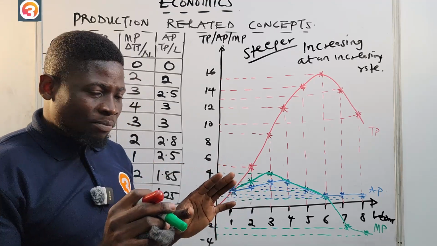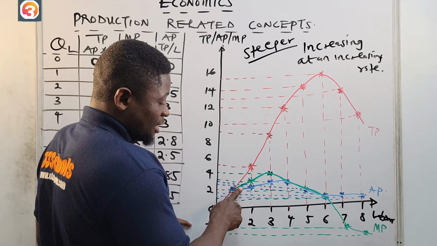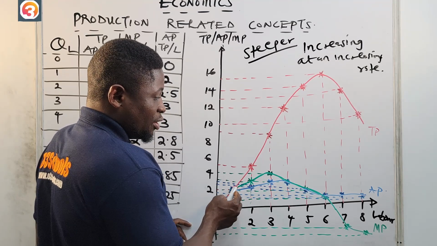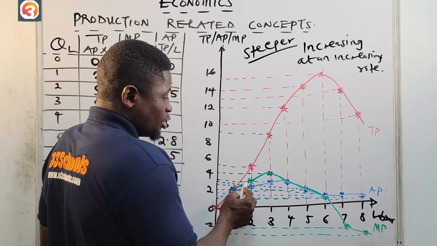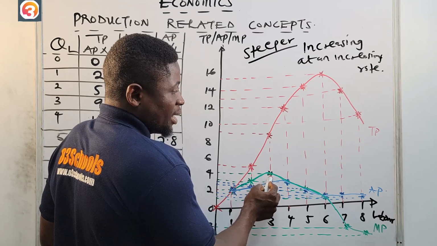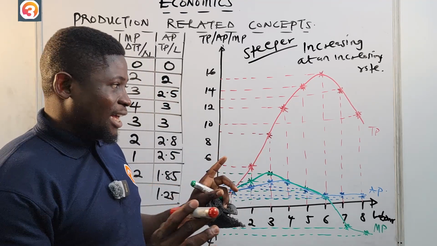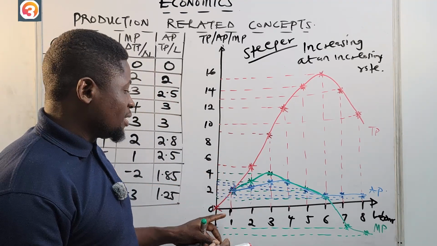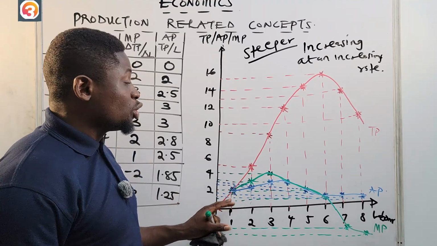Also, you notice that the MP is also increasing. Look at our MP curve, the marginal product curve. It starts from here and also increases until it gets to the 3rd worker. At this point, productivity is very, very high. So as long as MP was increasing, TP will also be increasing.